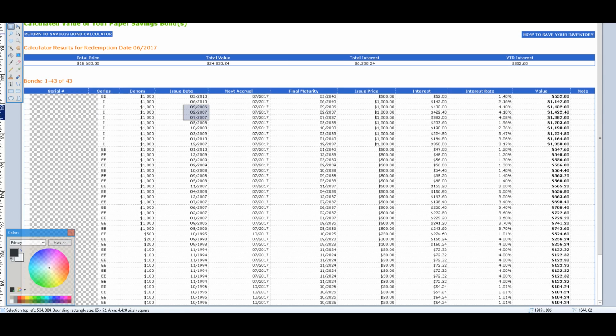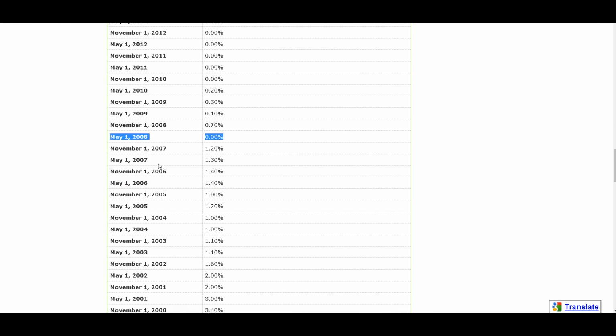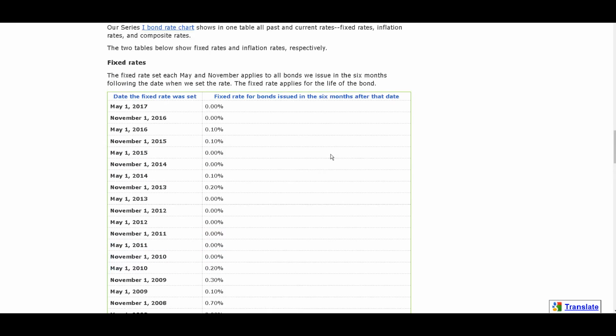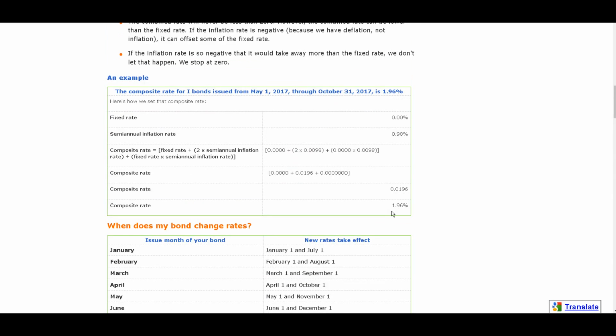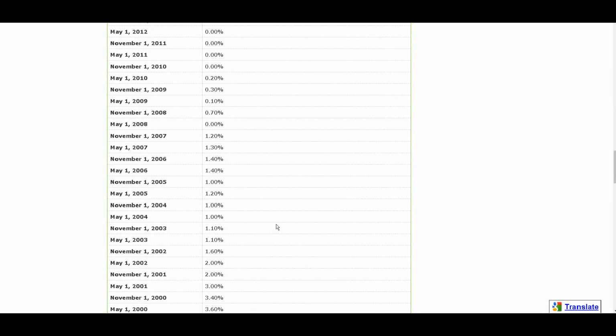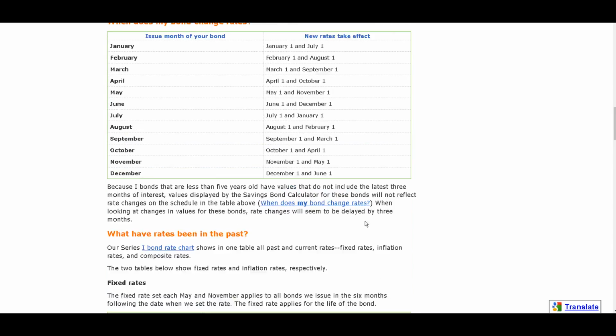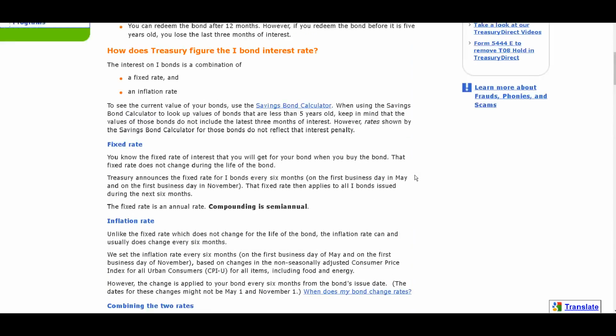Let's go take a look at our chart. 2006 and 2007, the fixed rate was 1.4, 1.3, 1.2. So a good decent range, plus the inflation rate is added onto that. So the inflation rate's like 1.96 right now on top of the 1.4, which is what gets me that 4% interest rate. So good returns right there on the I bonds.